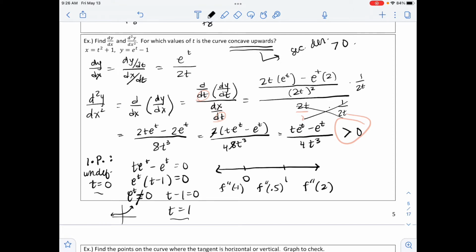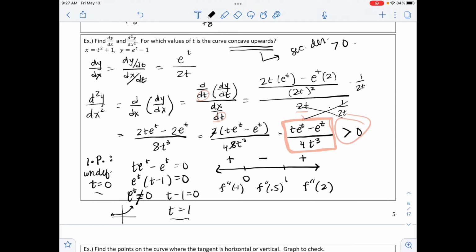Substituting negative 1 into your second derivative, you can see that that would be positive. Substituting in 0.5 into the equation for the second derivative, which I will box right up above, we get a negative, so it's concave down there. And then in that last interval, it does change to concave up.